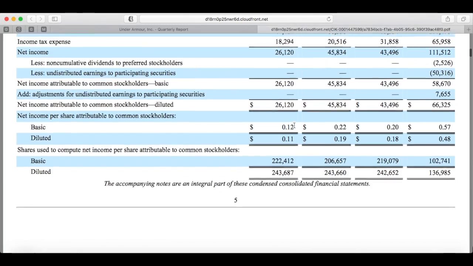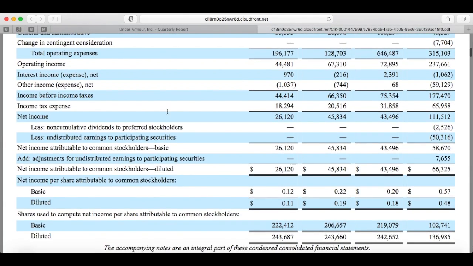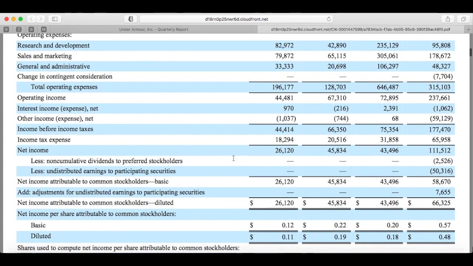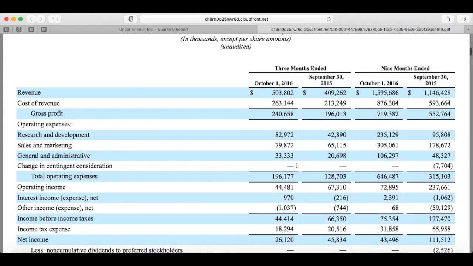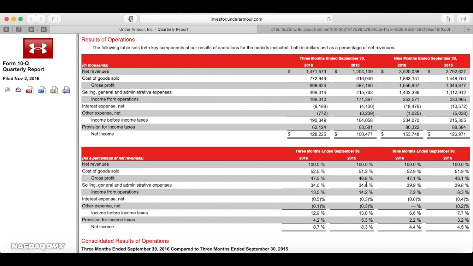If we had gone down, I don't want to find it here on this 10Q and bore you with that. But again, we can do the math here. Notice that the percentage of revenue with these expenses on this one is going up really fast, whereas Under Armour, it's staying about the same. And that's definitely something you can draw a red flag from.